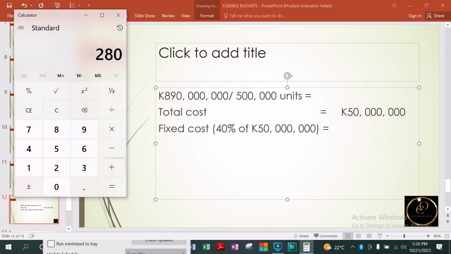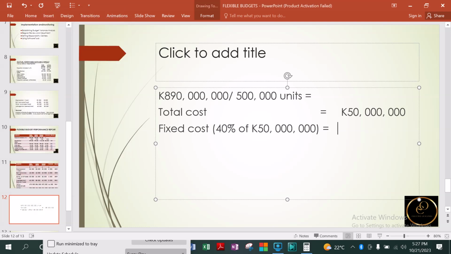Get the calculator. 40% is the same as 0.4 multiplied by 50 million. We're going to get 20. Okay, so there will be 20 million.